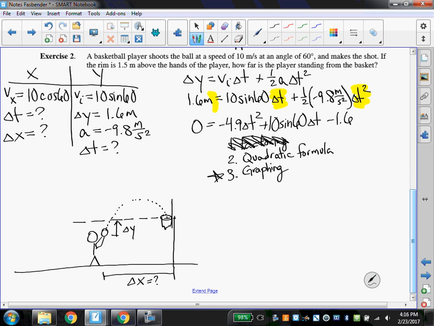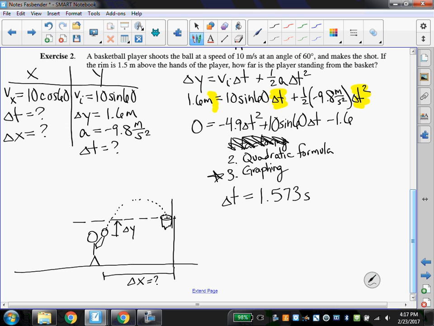So when I plug this equation into my y equals, I use the calc button in order to find where my line crosses the x-axis. That's how I can get that the time in the air is going to be 1.573 seconds.